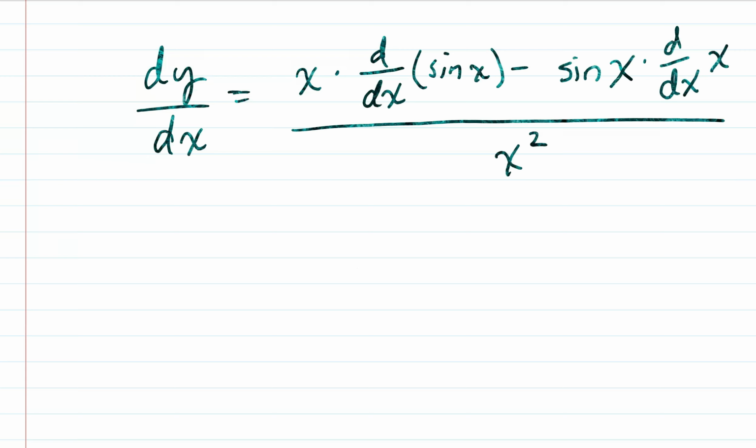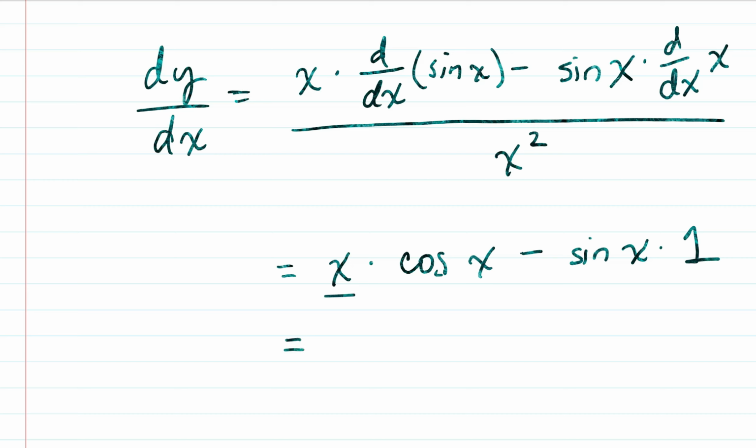Okay, and next step, we're going to say x times the derivative of sine x, and we can just look on our chart that we were just reviewing, is cosine x, minus sine x times the derivative of x, which is just 1.